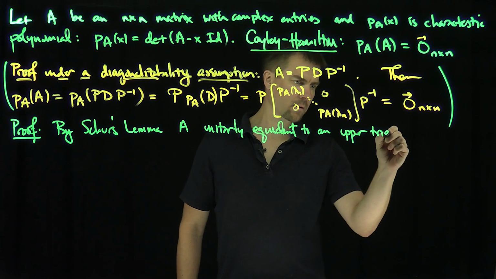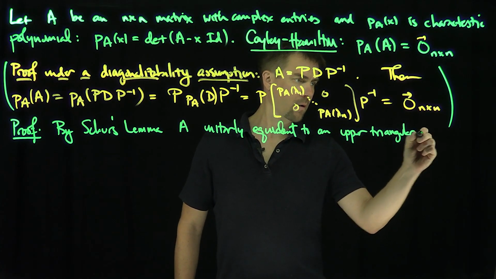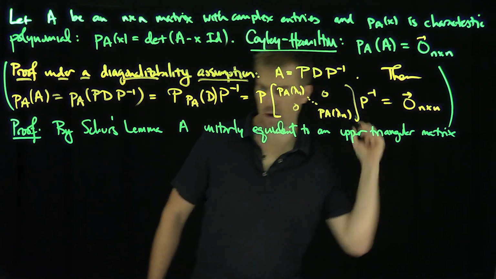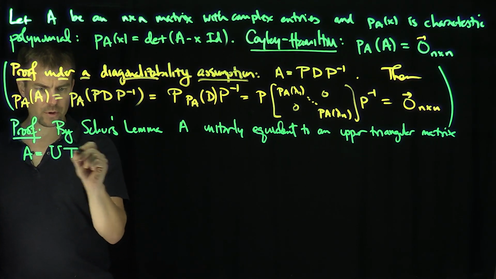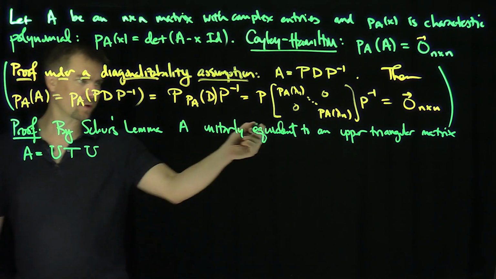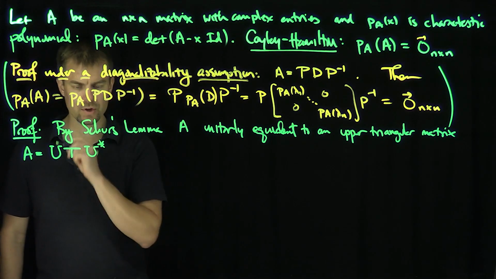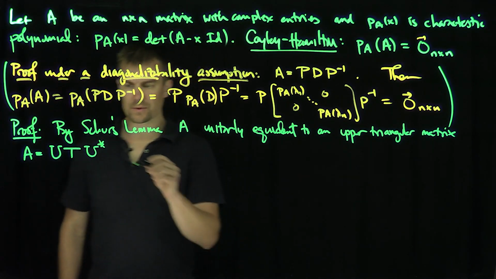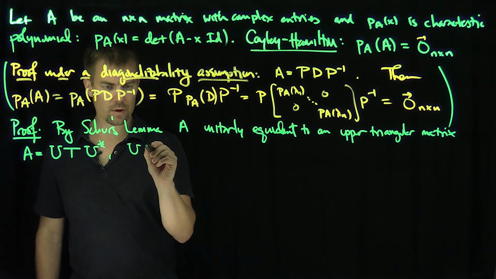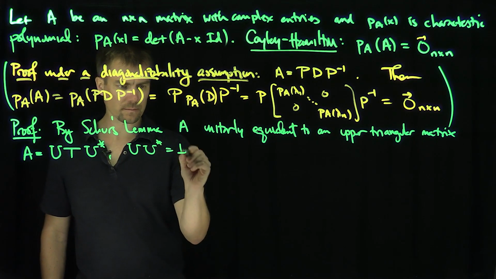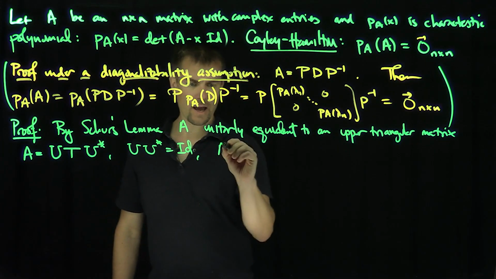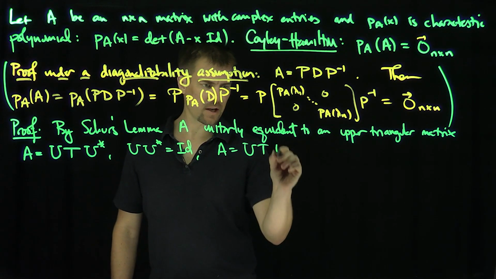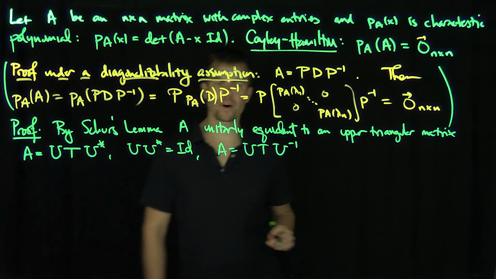Unitarily similar, not P. In other words, A is a unitary matrix U, times an upper triangular matrix T, times U star. And what's the key? U star U is the identity, so U star is really U inverse. So A is equal to U T U inverse.